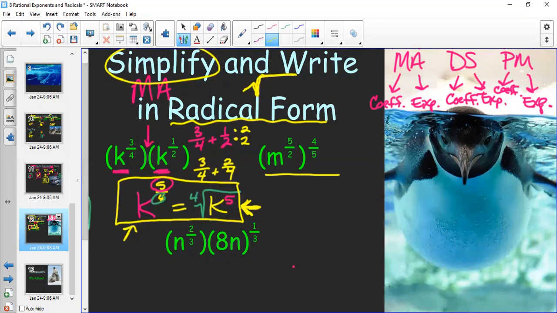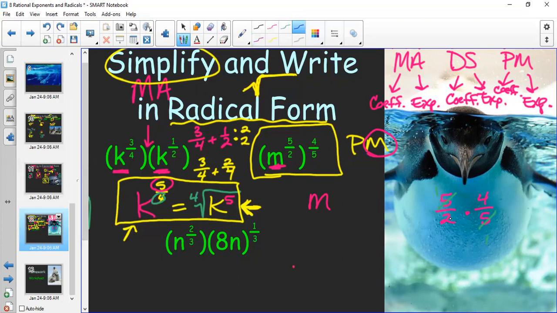All right, problem 2 here. We have one monomial raised to a power. So this would be a PM problem. So I would power up the coefficient, but I don't have any coefficients, so I don't have to worry about that. I do have a base, so I'm gonna keep my base, and I need to multiply my exponents. So out to the side here, I have 5/2 times 4/5. And if I have a 5 on top and bottom, I can cancel those out and make them 1s.